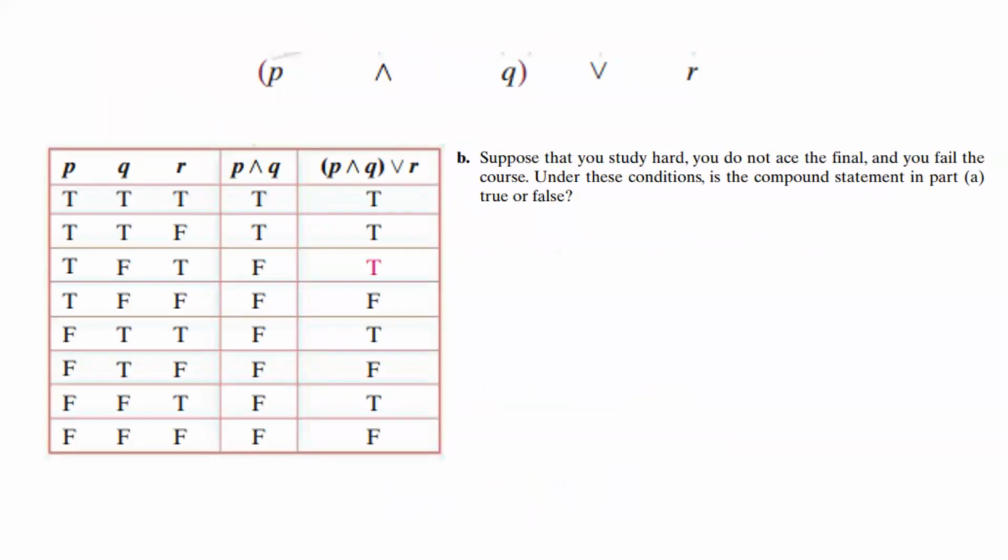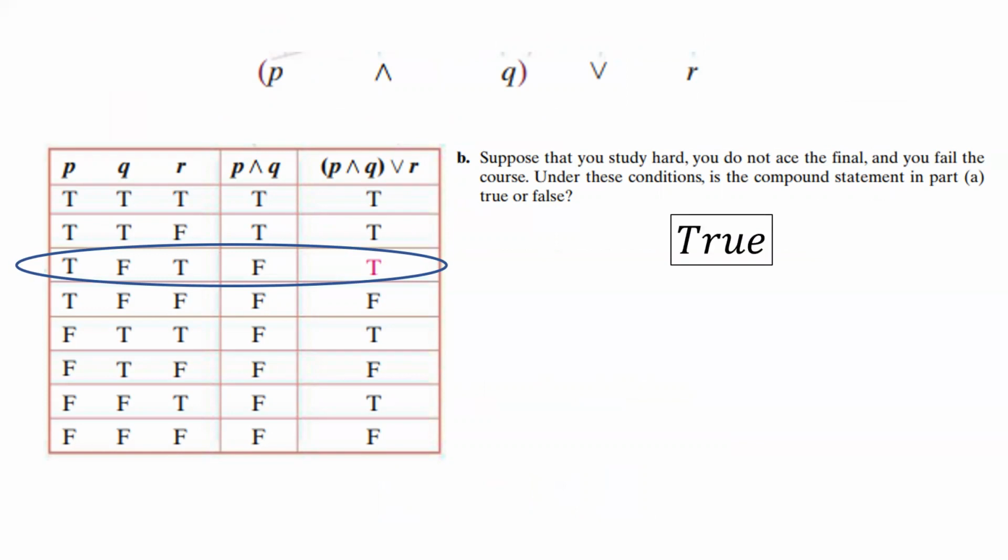So now I come to my table and find where my P is true, my Q is false, my R is true. That's my 3rd row. And so overall, it's going to be true. You studied hard, you did not ace the final, you failed the course, I was telling you the truth.